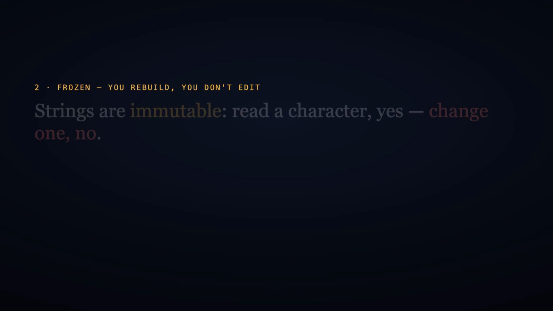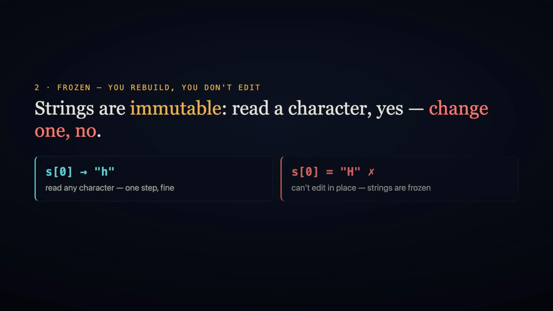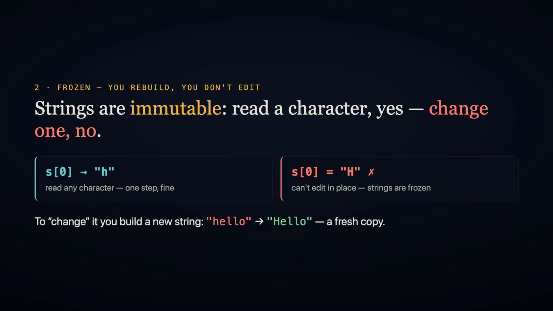But here's where strings differ from a normal array, and it matters. In most languages, strings are immutable, frozen. You can read any character, no problem, but you can't change one in place. Trying to say S of 0 equals capital H just doesn't work. So how do you change a string?